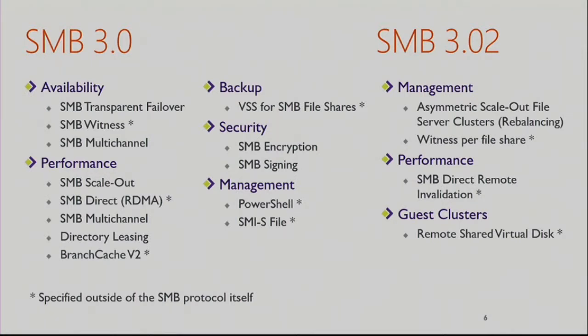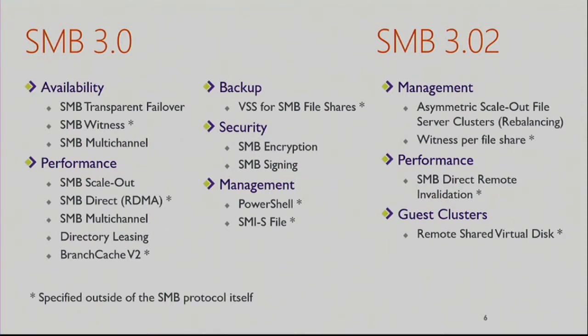Starting with, when was that introduced? 2008 R2. We created this notion that you could have the same volume seemingly mounted on all nodes of the cluster, and all nodes could get in. There's actually some trickery going on in the back, as usual. One of the nodes actually owns the volume and does the metadata operations on that volume, but we don't have to go into detail here. But that's basically what we get out of scale out.